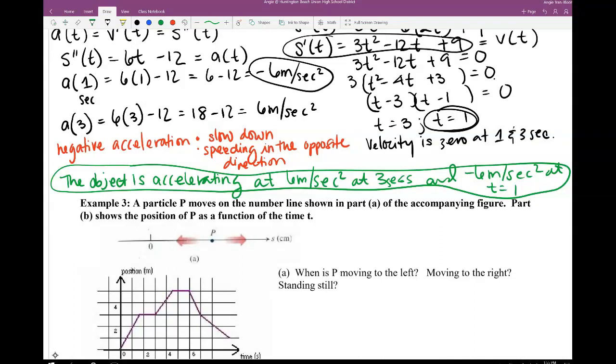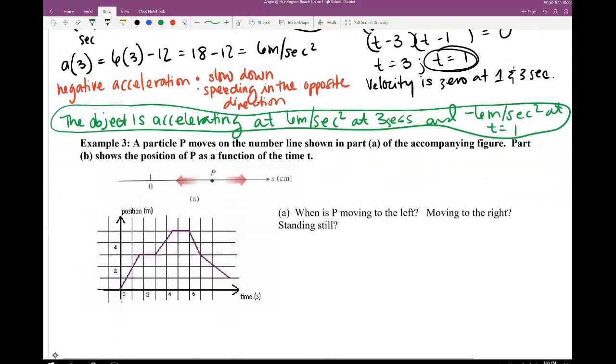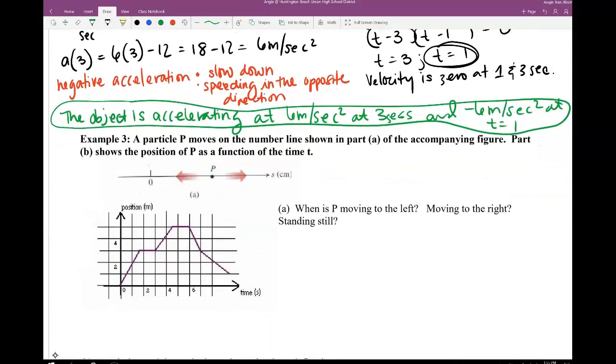A particle P moves on the number line shown in part A of the accompanying figure. Part B shows the position of P as a function of time t. So let's look at the two parts, okay?